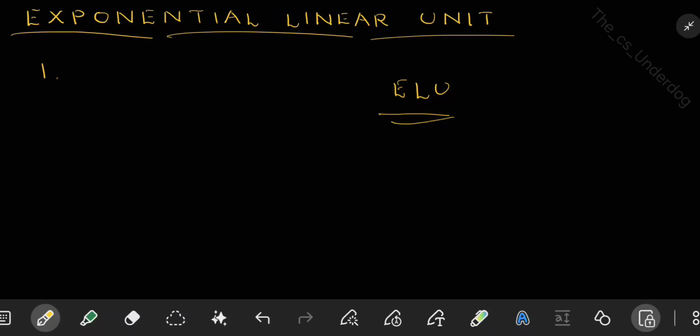We had seen in all the previous ReLU lectures that you want to make sure that dying ReLU problem is taken care of. At the same time, there should be as few consequences as possible. So this is the first thing you want to achieve with ELU. You want to make sure that dying ReLU problem won't be there, and you want to minimize the consequences that you have to face while you're solving the dying ReLU problem. This is the first thing.